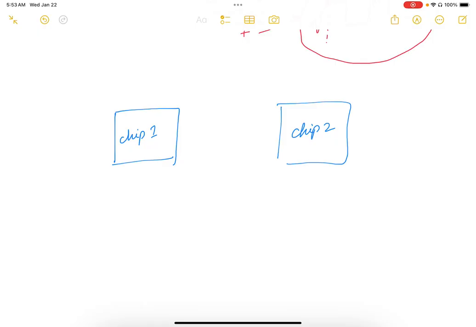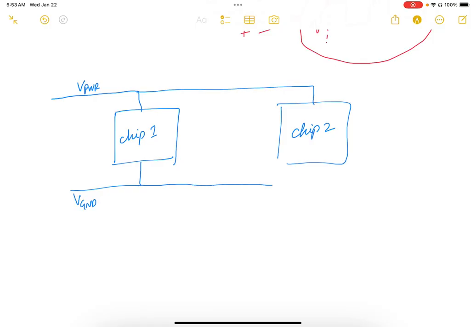Could be digital circuits, could be analog circuits, doesn't really matter. But these chips basically require some power. And this power is sent at a certain voltage. Say for example, PWR is the power voltage and then a ground voltage. And then this power and ground is sent to all the chips.